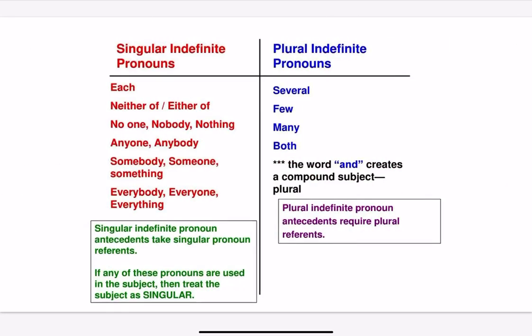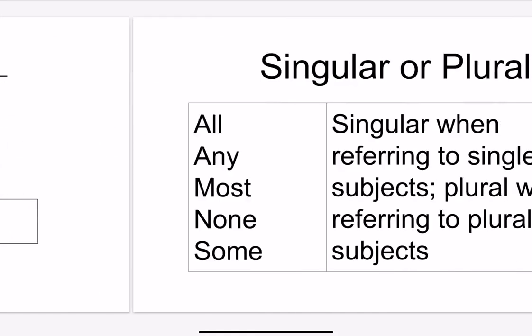All right, so we have some singular indefinite pronouns, and then we have some plural indefinite pronouns listed here. If we had the word and, we would also have a compound subject. That would be plural. So all of these pronouns on the left-hand side are supposed to have singular subjects, and all the ones on the right-hand side are plural.